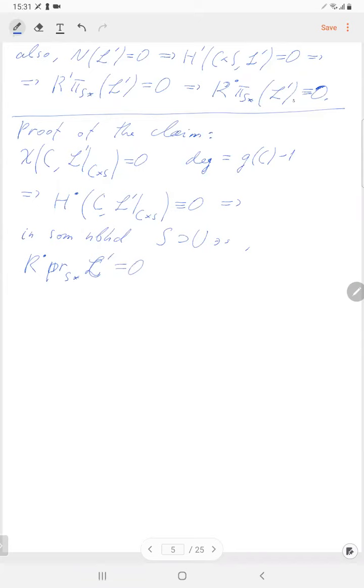Okay, but the zeroth direct image is torsion free, and hence it vanishes absolutely.